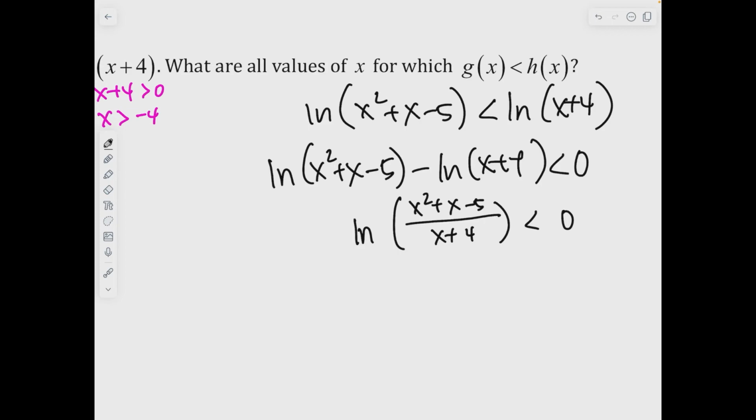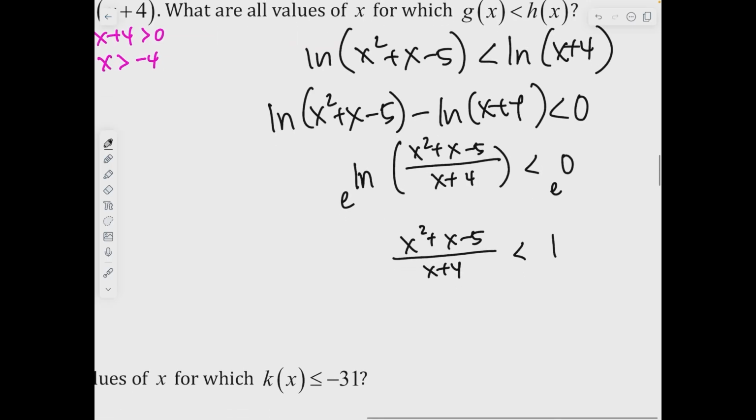Okay? I'm going to raise to the power of e. So e to this power is equal to e to this power. E to the natural log will cancel themselves out. I have x squared plus x minus 5 over x plus 4 is less than e to the 0 power. E to the 0 power is 1.